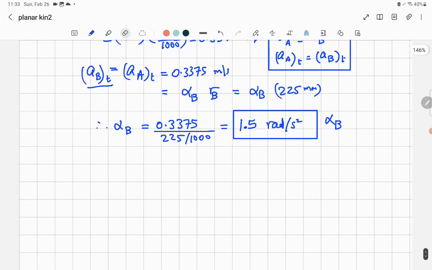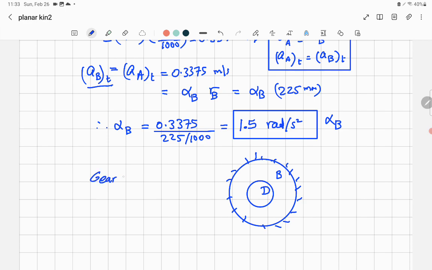So if I just sketch, just to show you, this is D, the pulley, and then you have the gear B. Just to make it clear, this is the gear and this is the pulley. So we'll say gear B and pulley D turn together. Yes, they turn together.